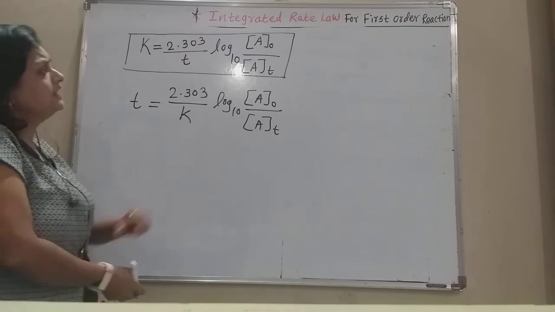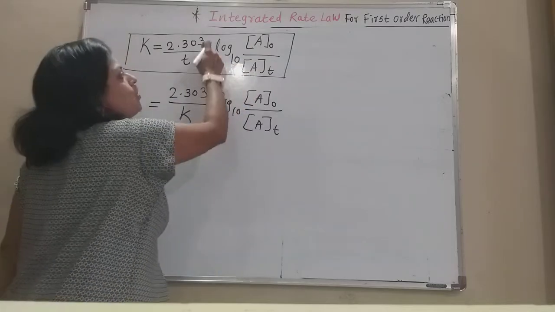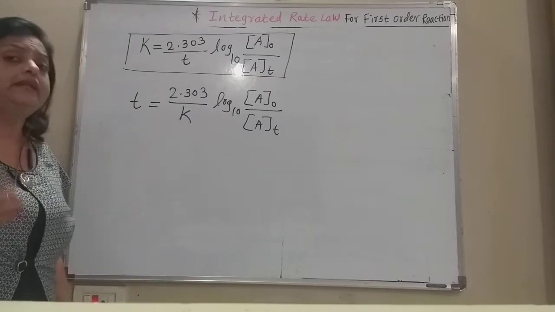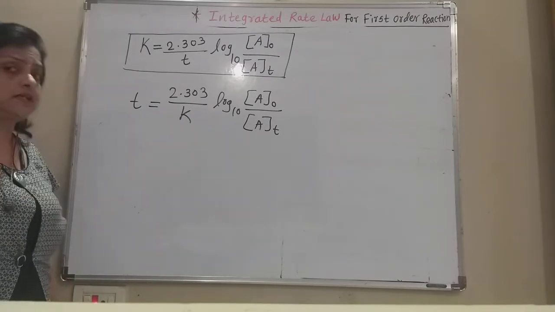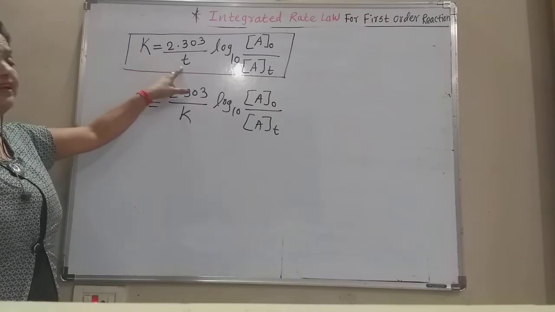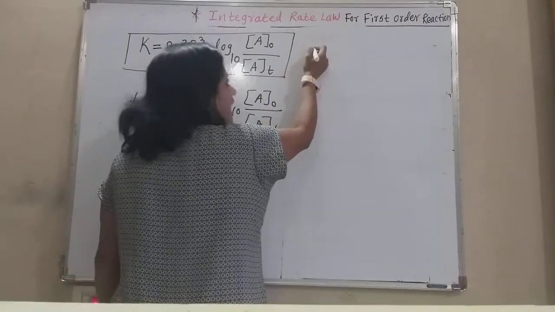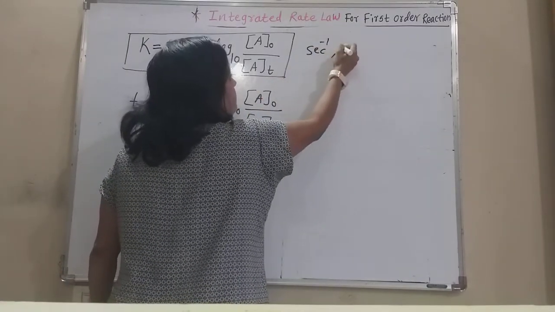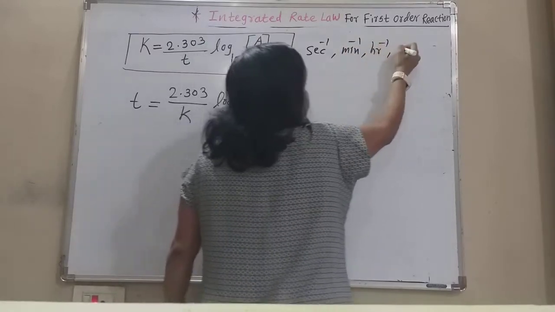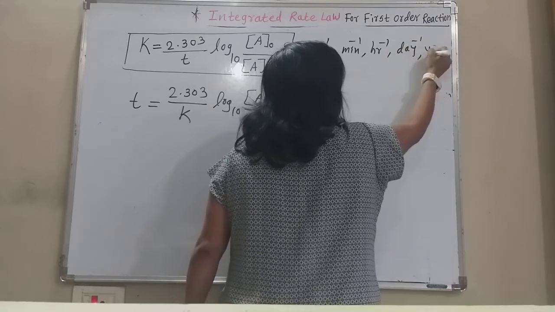Now see, this quantity is only the ratio of concentrations, so it does not have any unit, but time has units of seconds, minutes, hours, days, months and years. So since t is divided here, the unit of the rate constant k is per second, per minute, per hour, per day, or it may be per month or per year.